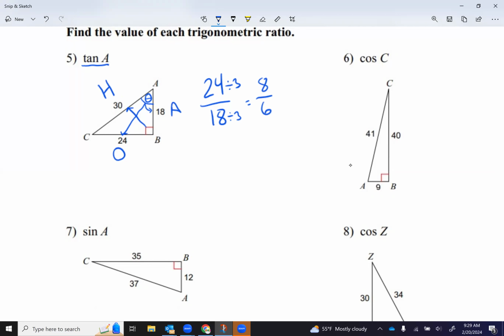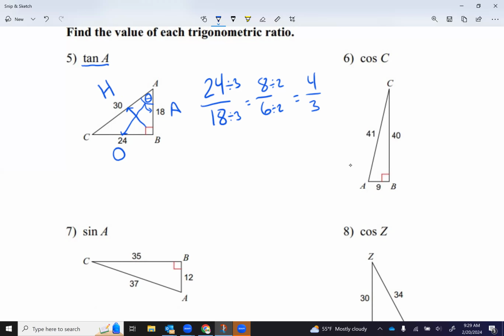And if this was a homework assignment and I type in 8 over 6, it still says it's wrong, because I can simplify even more. 8 and 6 are both even numbers, so I can divide each by 2. 8 divided by 2 is 4. 6 divided by 2 is 3. Then I still ask myself, can I simplify even more? No, in this case I cannot.